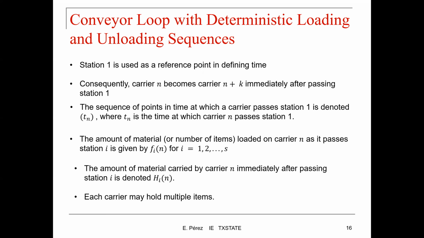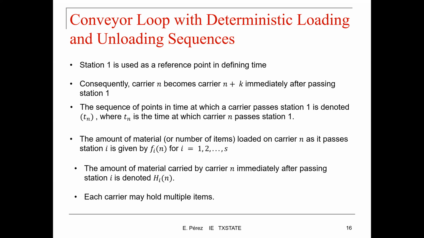If we use station 1 as a reference point in defining time, consequently, carrier n becomes carrier n plus K immediately after passing station 1, because there are K number of carriers.